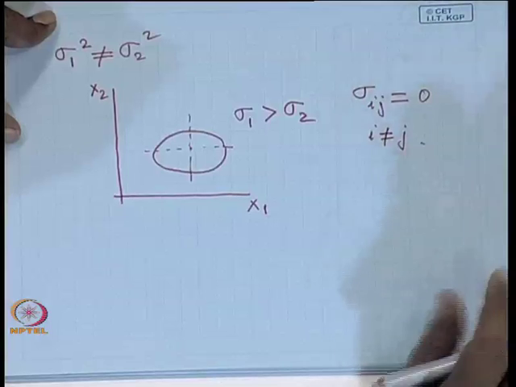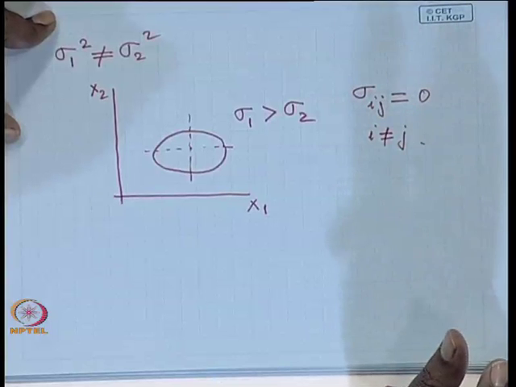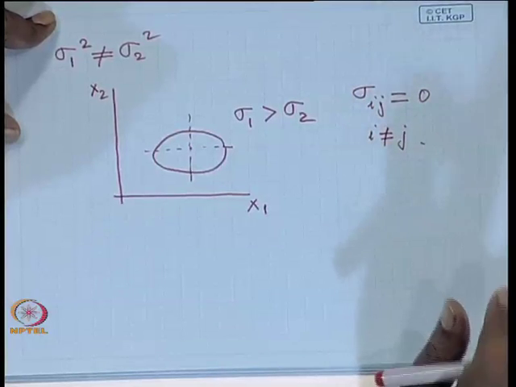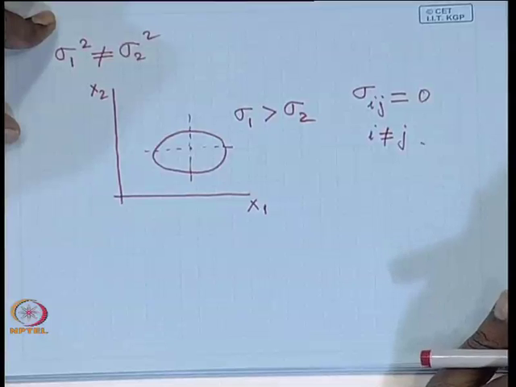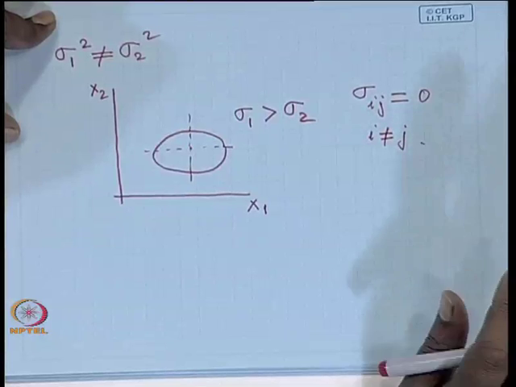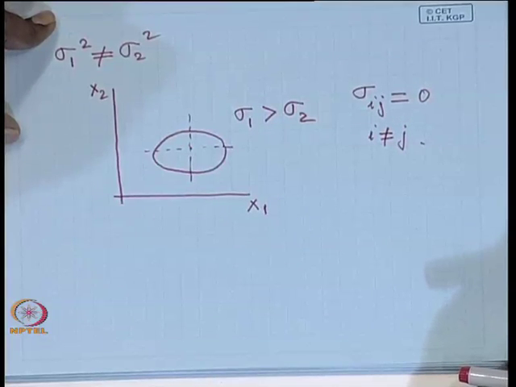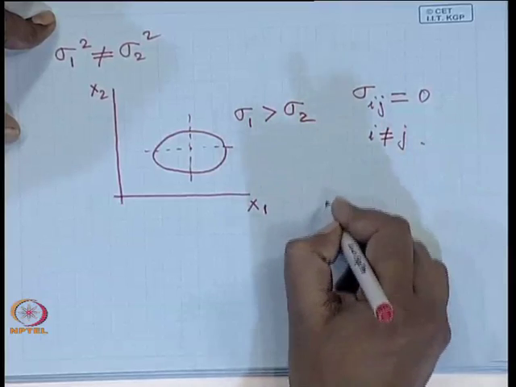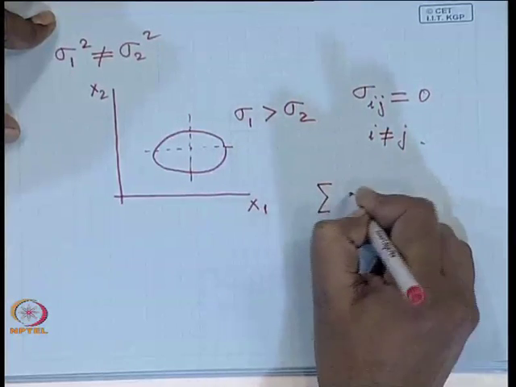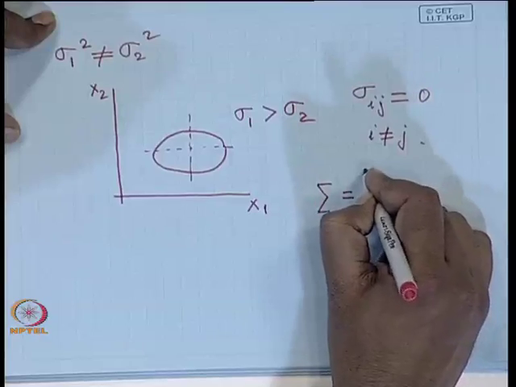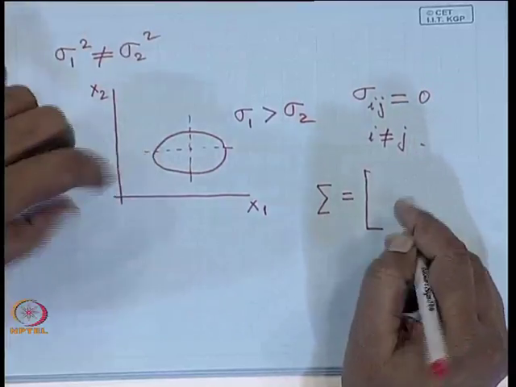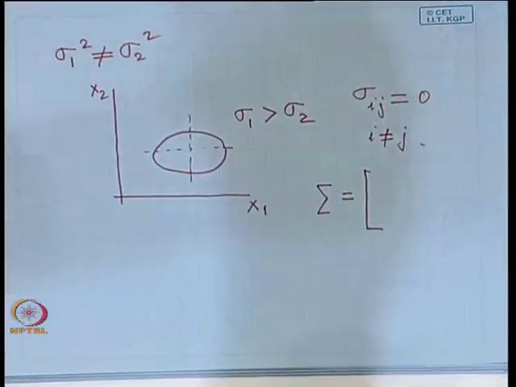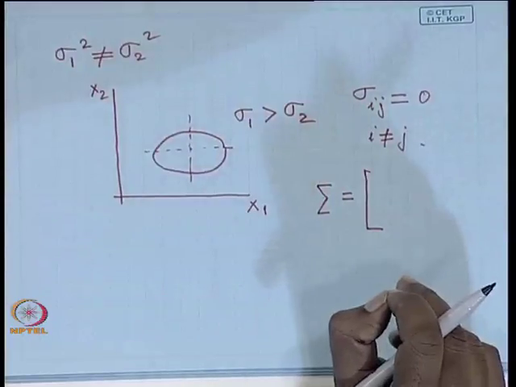Okay. What happens if sigma i j is not equal to 0? That means, the components of the feature vectors are not statistically independent. Over there I will have my covariance matrix sigma. In the earlier case, the covariance matrix is a diagonal matrix, where only the diagonal elements are non-zero, and all the off diagonal elements are zeros.